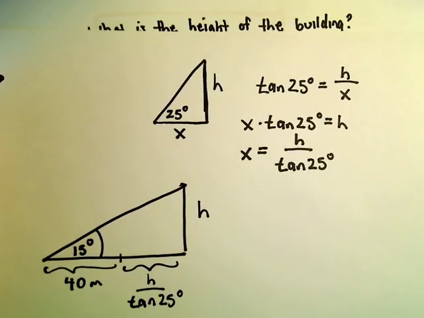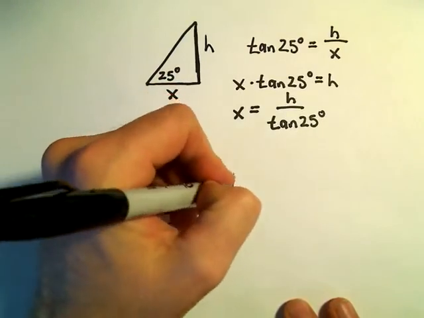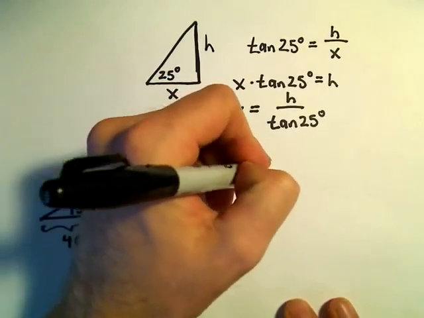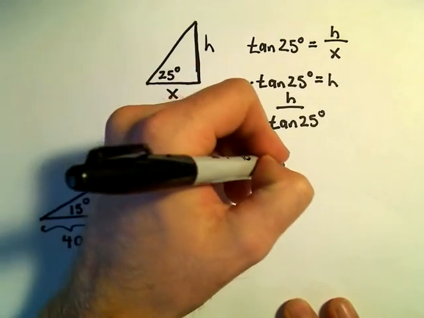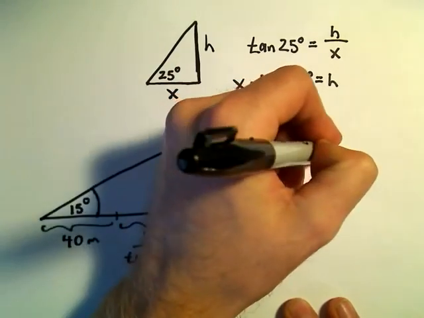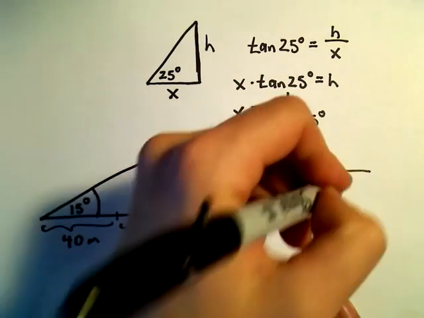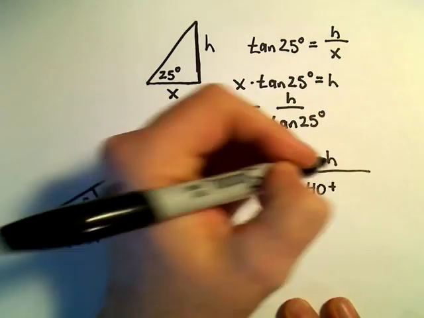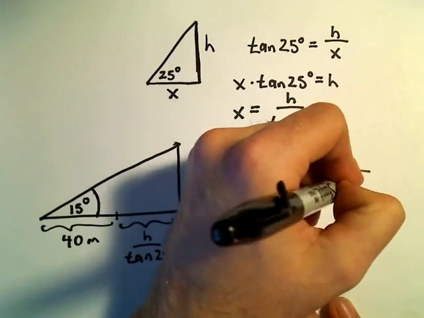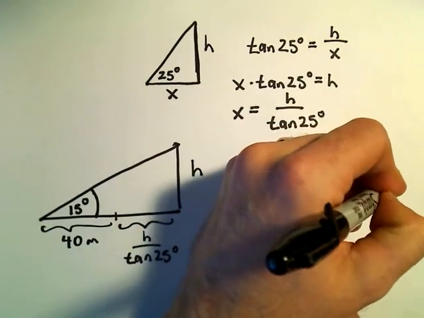So what can we do in this case? Again, we can relate the opposite side to the adjacent side. So tangent of 15 degrees is going to equal the opposite, which in this case would be the height of the building, over the adjacent, which would be the 40 meters plus this additional h over tangent of 25 degrees.